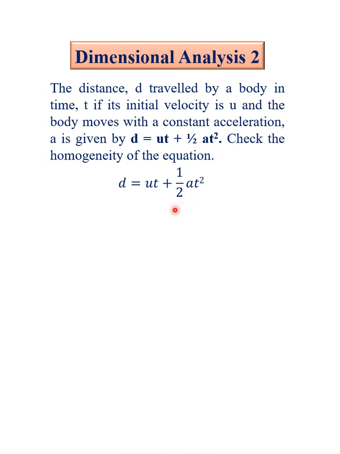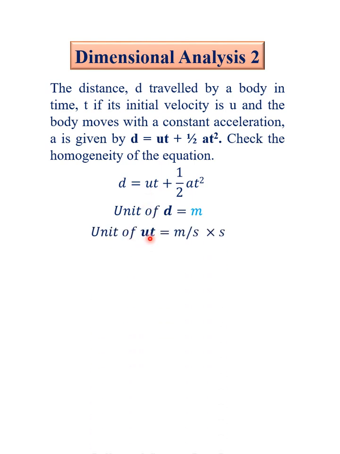So let's pick the first term, d. We are using the units, not the dimension. Either of them will give you the same answer, so let's use the unit. The unit of d, which is distance according to the question, is meters. We have checked that.